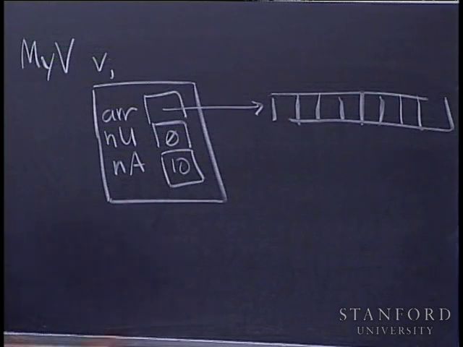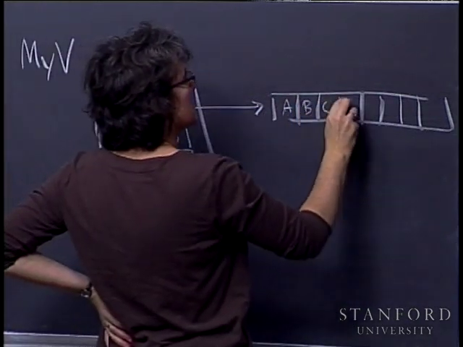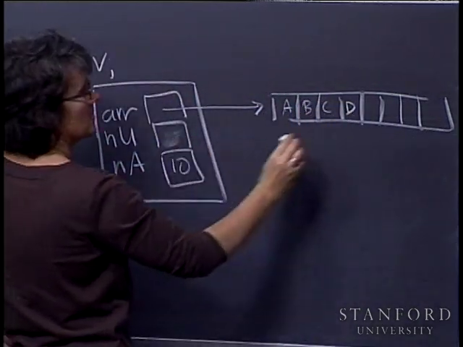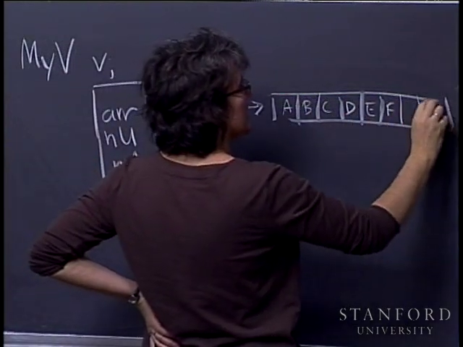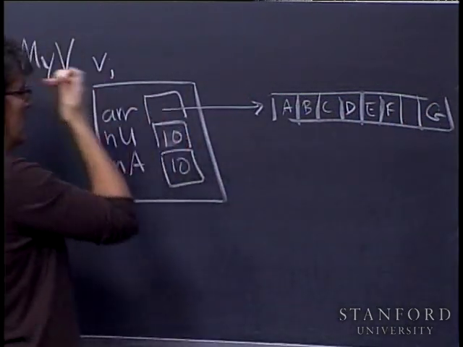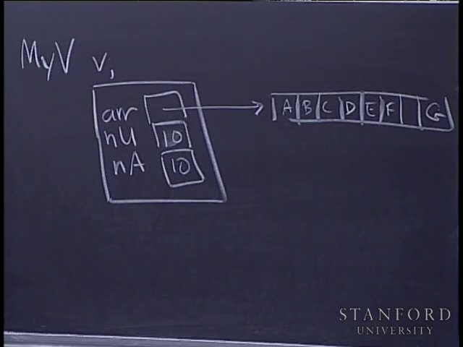As it fills these up, it puts strings in each of these slots and starts updating this number. Eventually it gets to where all of them are filled, right? When num used equals num allocated, it means every one of those slots is now in use. So when that happens, it's going to be time to make a bigger array.